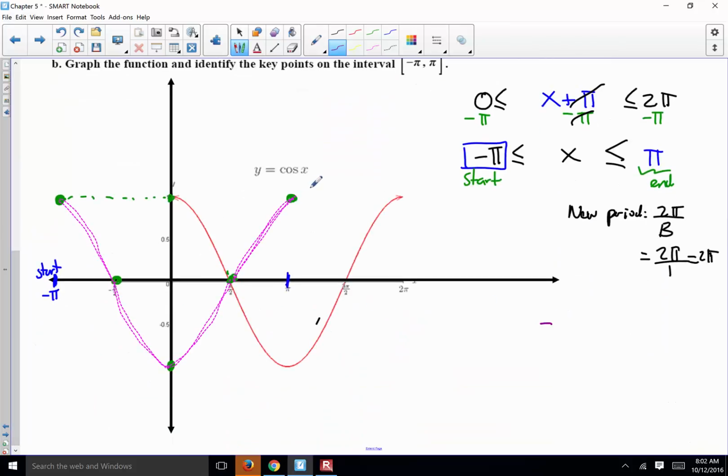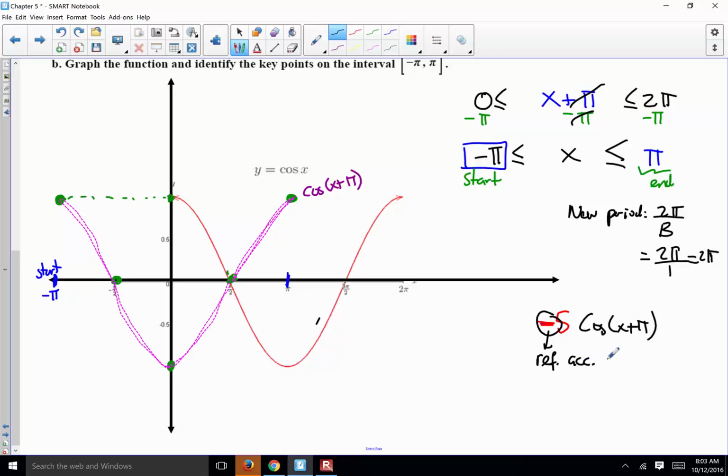So this is only cosine of x plus pi. I need to bring in minus 5 in front of this thing. What does the minus and 5 do? Yes, it's going to be stretched by a scale of 5, and it's going to be reflected across the x-axis.